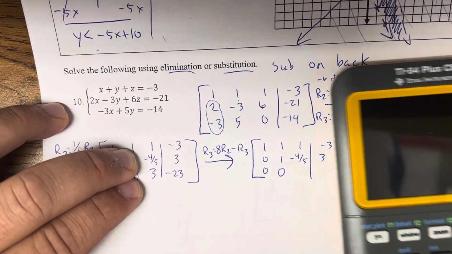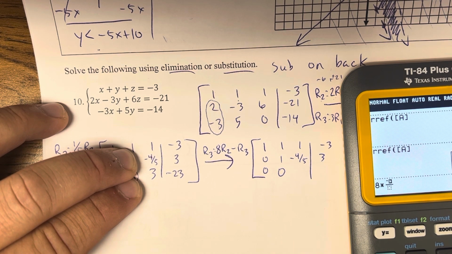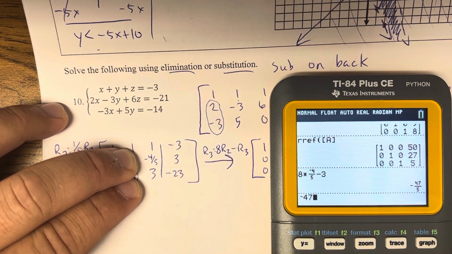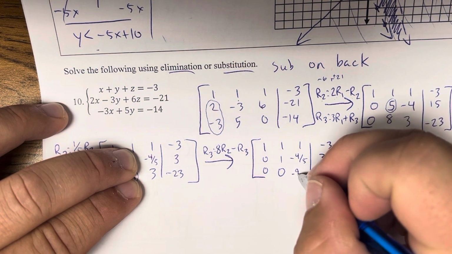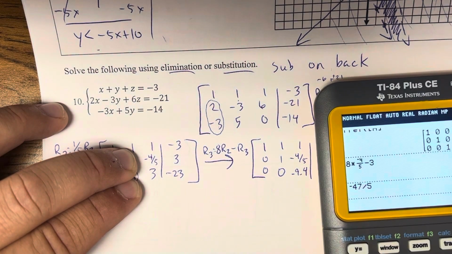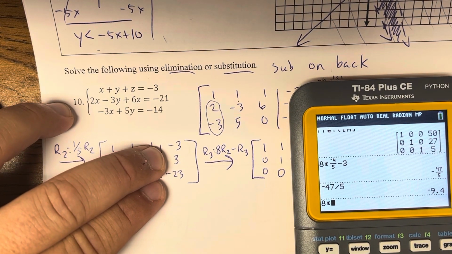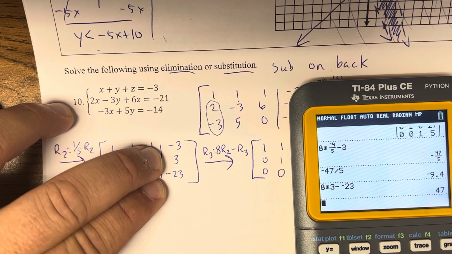This one may be a little bit trickier, which if you need to, you can put it in the calculator. But 8 times -4/5, and then minus 3 is -47/5, which if you wanted to, you can put that as a decimal. Either way you want to do it. I'll just do the decimal, -9.4. And then we'll do the same thing with the bottom one. We're going to do 8 times 3, and then minus -23, which is 47.